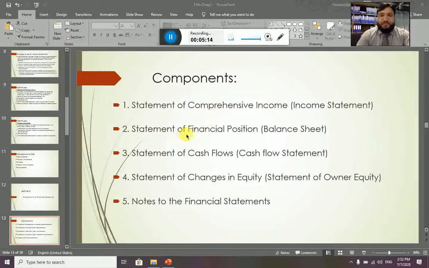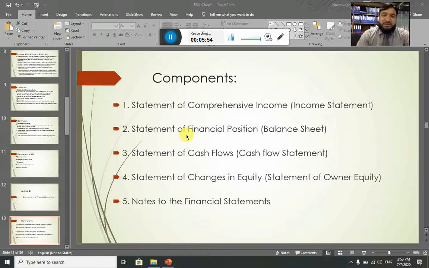So this statement has three components: asset portion, liability portion, and capital or equity portion. Basically it has two main parts. The first part is assets, the second part is capital and equity. So the total of assets must equal the total of liability plus owner's equity. Assets are mainly divided into current assets and fixed assets.